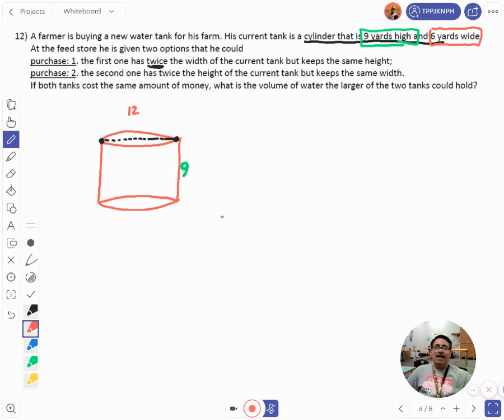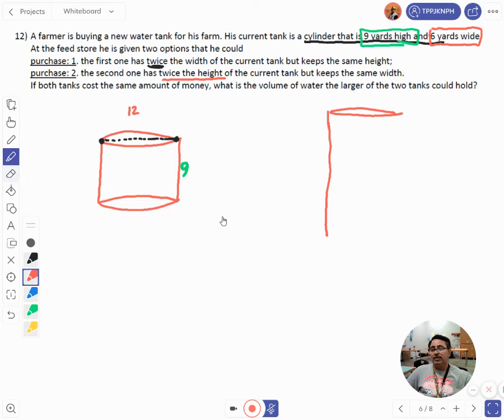And the second one has twice the height. Twice the height means this is taller than the first one, right? So, oh, it's not. So, okay, let me draw it. Now look at this one here.